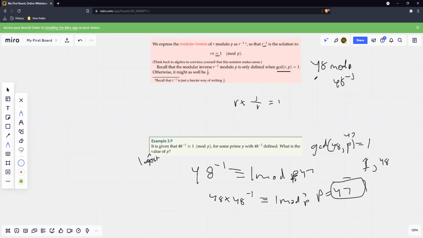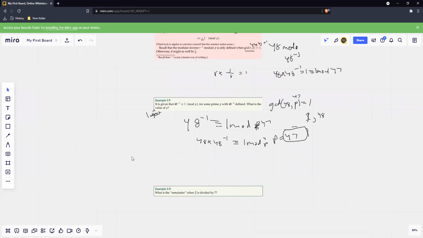This is such that r to the power of -1 is a solution to r times x congruent to 1 modulo p. 48 times 48 to the power of -1 is equal to 1, which is congruent to 1 mod 47. And we also know that GCD(48, p), when p is 47, is equal to 1. So that's why we're allowed to use that.